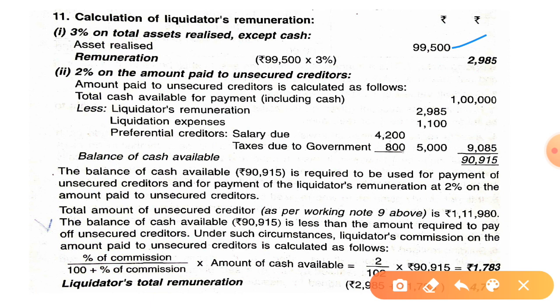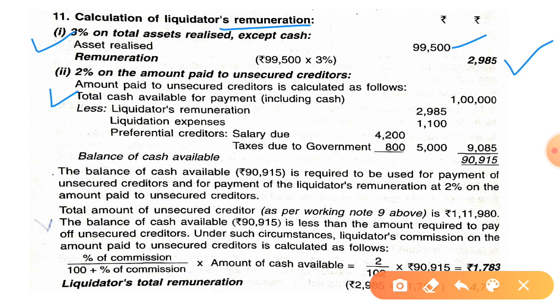So other than that we are taking assets realized 99,500, 3%. They have given two conditions for liquidators remuneration. One is 3% on total assets realized, another is 2% on the amount paid to unsecured creditors. So the first one we will calculate, that is 2,985. Correct.